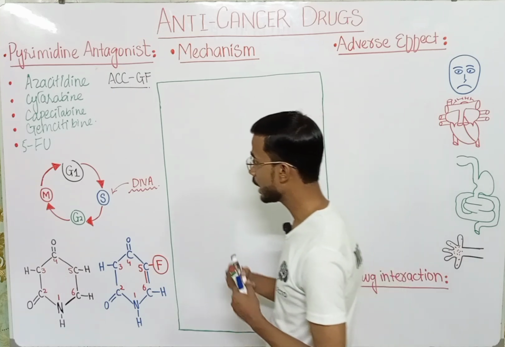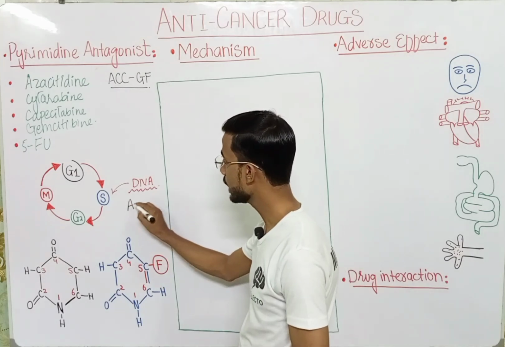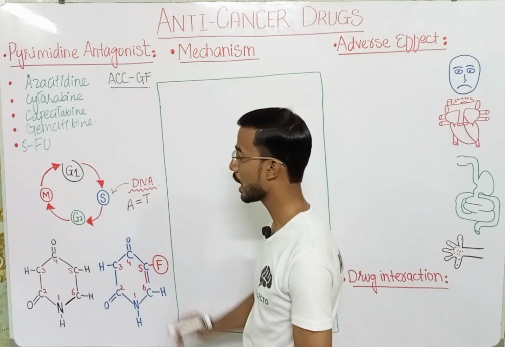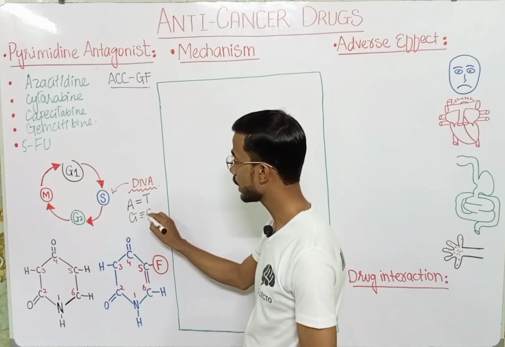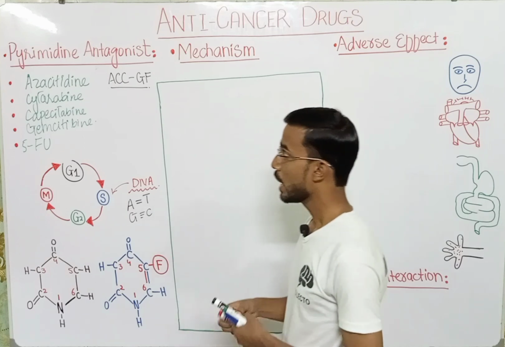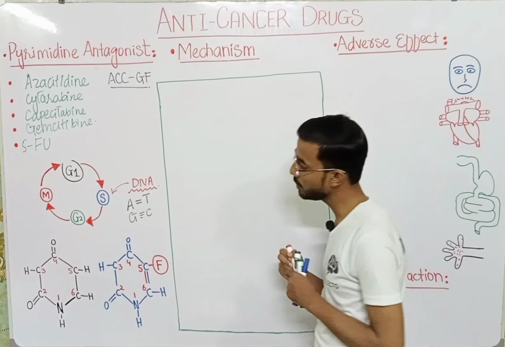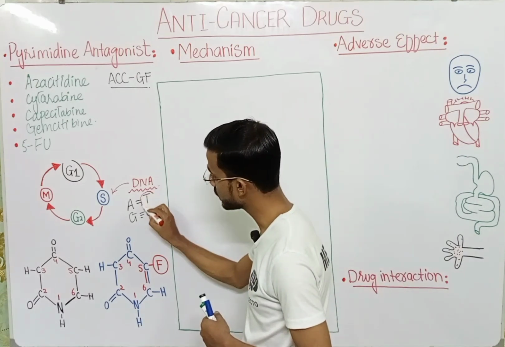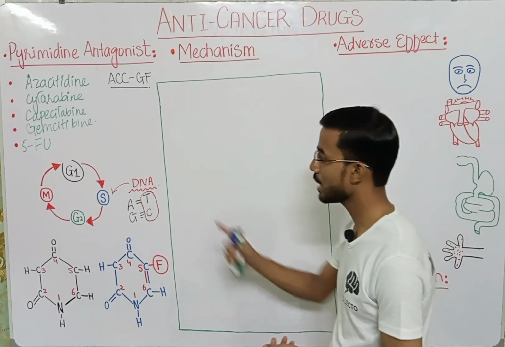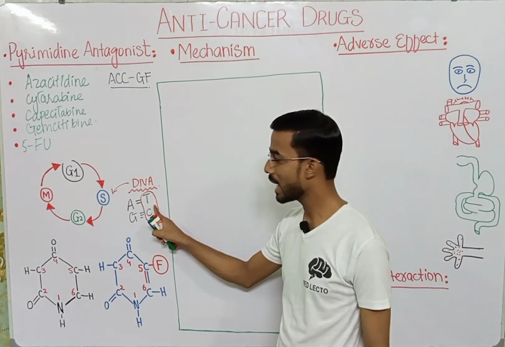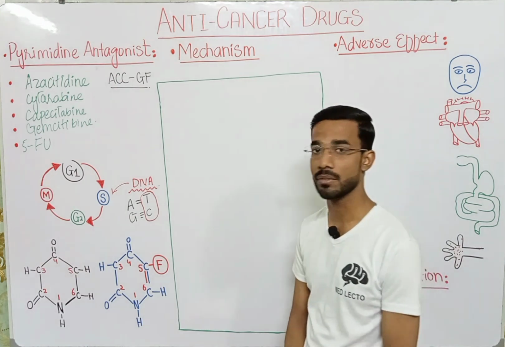In the DNA, the most important nucleotides are adenine, thymine, guanine and cytosine. In this lecture, we will discuss pyrimidines, and the pyrimidines are thymine and cytosine. Adenine and guanine are the purines, which we discussed in the previous lectures.